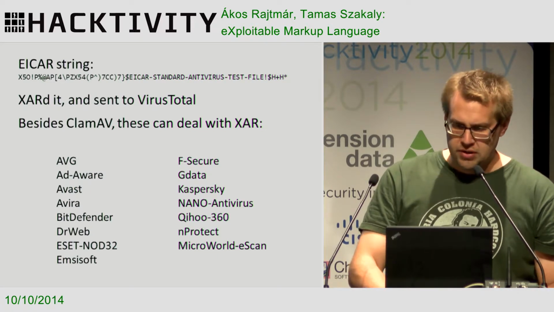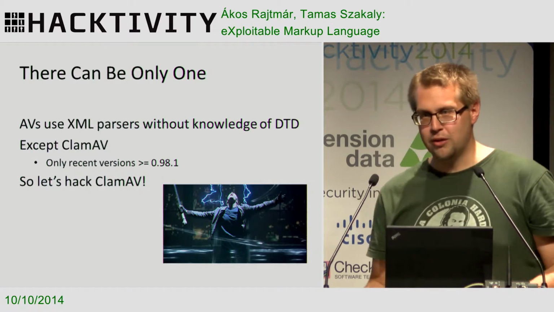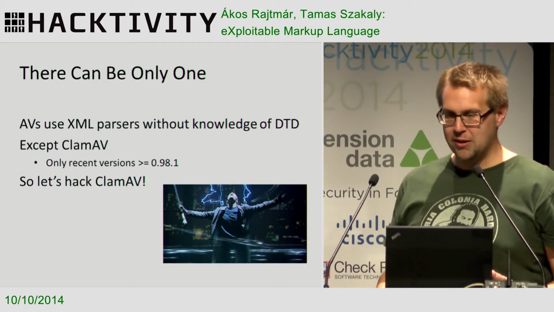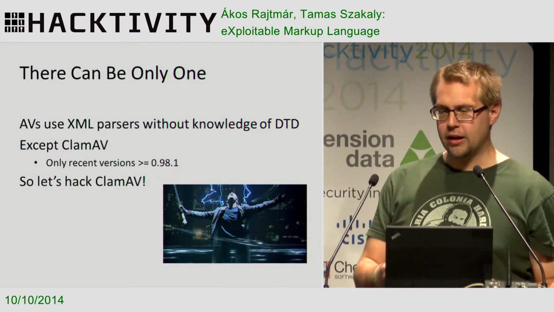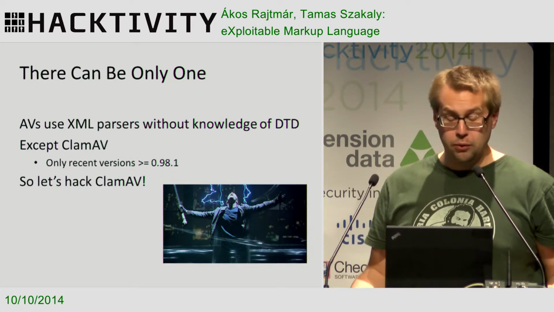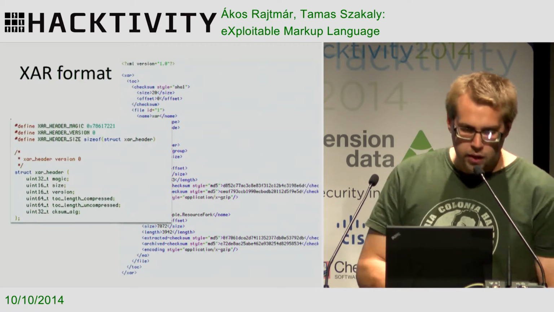We have checked which XML parsers they each use and whether they can be attacked, and it turned out that it is only ClamAV that might be prone to attacks. So we tried to break ClamAV, to break into ClamAV.